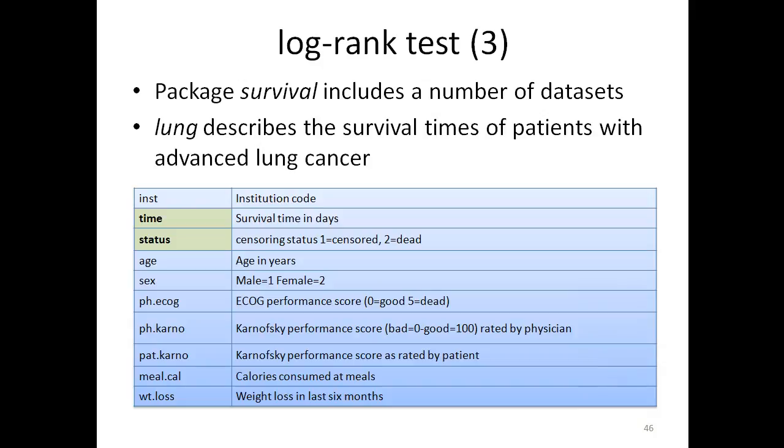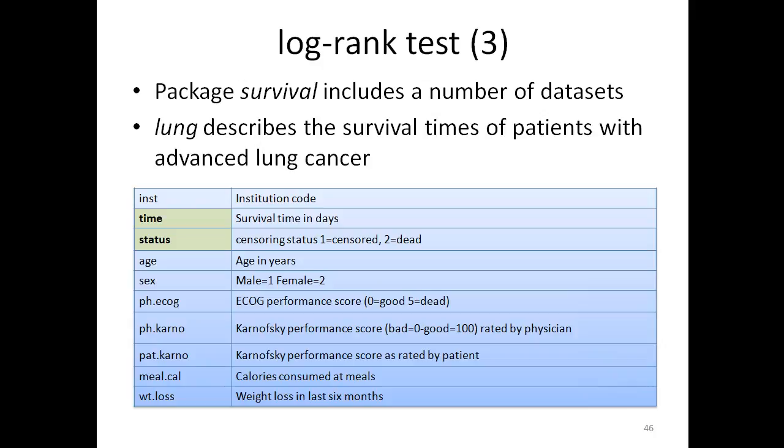In the survival package there are a lot of data sets included, and we are going to use the lung data set, which describes the survival times of patients with advanced lung cancer. The most important columns in this data set are the time column, which contains the survival time for each patient in days. That is the time of survival or the total follow-up time in those who survived the entire study.